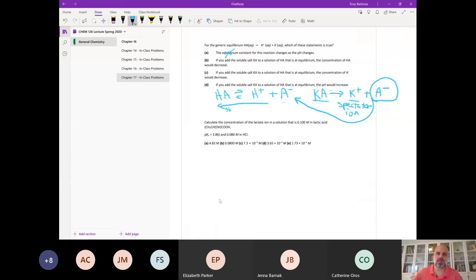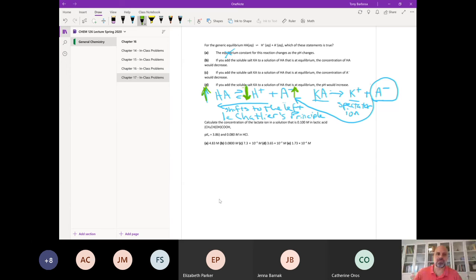So we'll see an increase in HA, a decrease in H plus, and A minus is going to increase, because we just added a whole bunch.